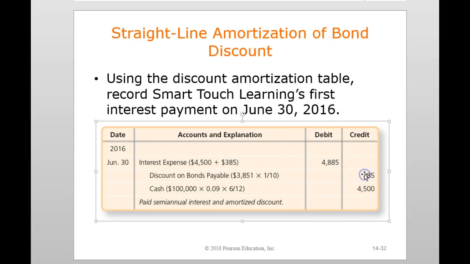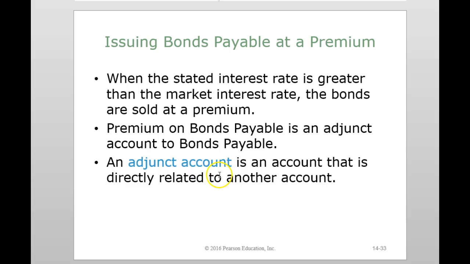So that gets credited, and our interest expense gets debited for, instead of $4,500, it gets debited for the $4,885. So it's compensating, okay, as if we were actually paying the 10%. So that's a discount.